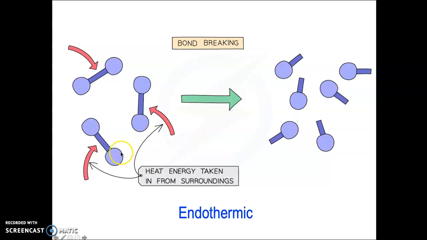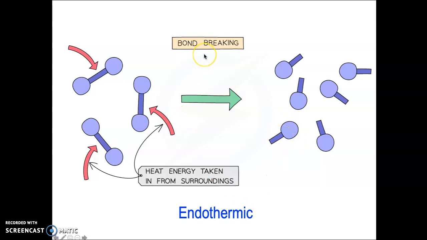It's just an analogy that I think of when I'm thinking about bonds breaking. Energy has to be absorbed to break those bonds, which then makes these atoms free to realign themselves and be in the position where they can then form bonds.